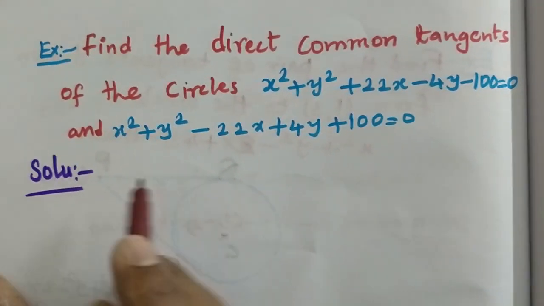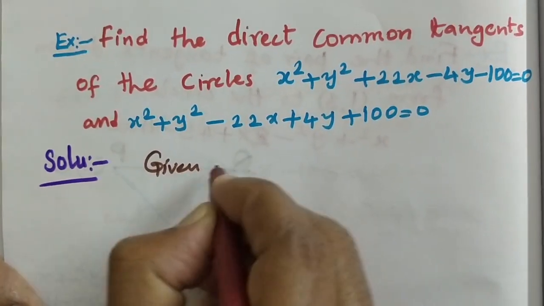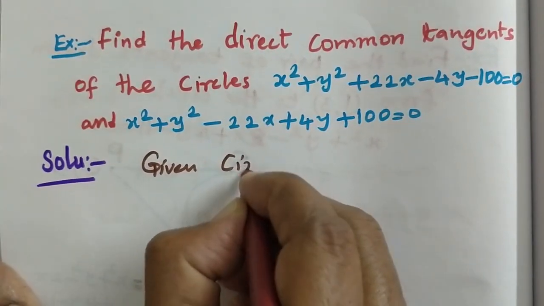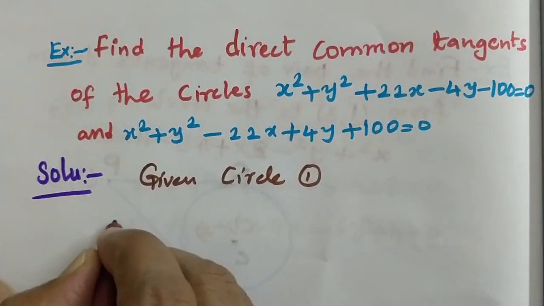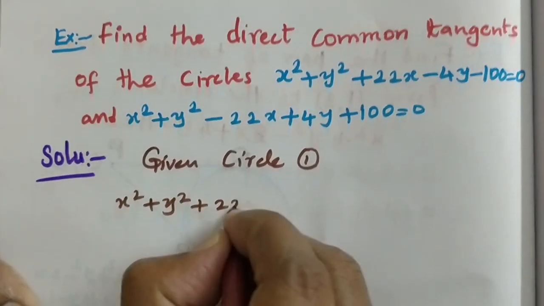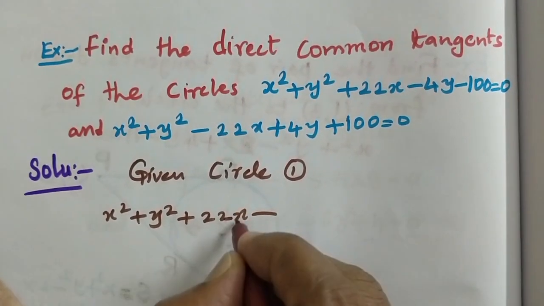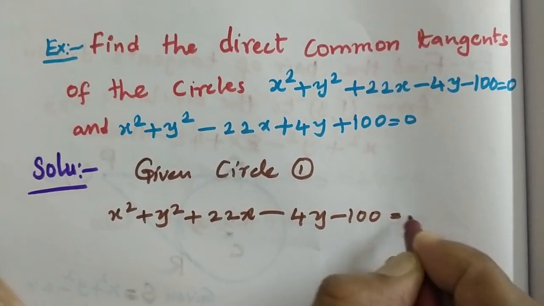Okay, now given circle 1 is x square plus y square plus 22x minus 4y minus 100 is equal to 0.